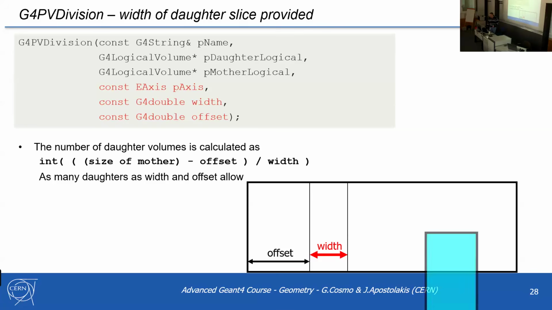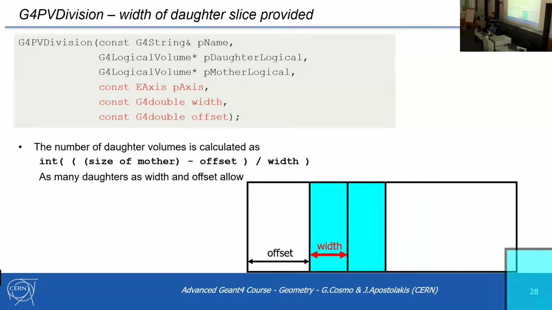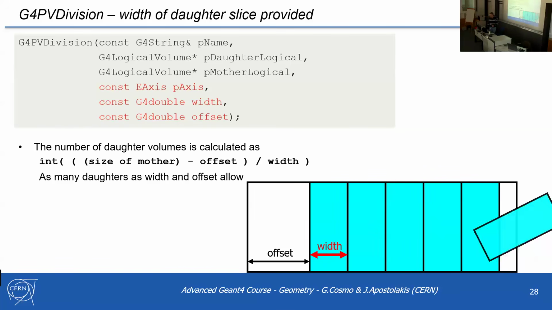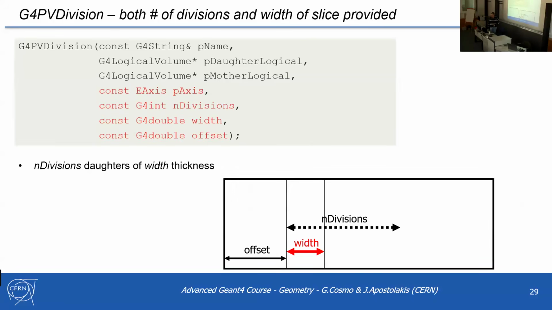And what happens is that you will have this kind of representation. And when you reach the end of the mother volume, simply the last volume will not appear, so you will have another gap.